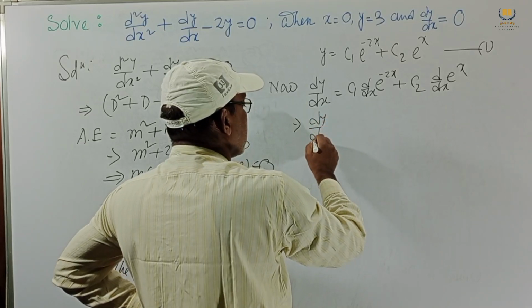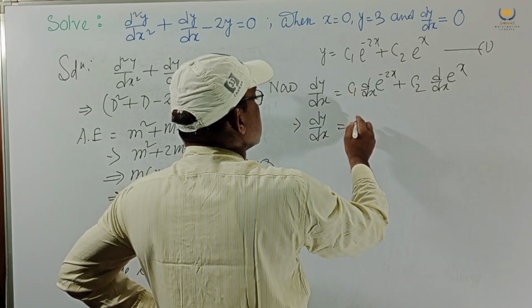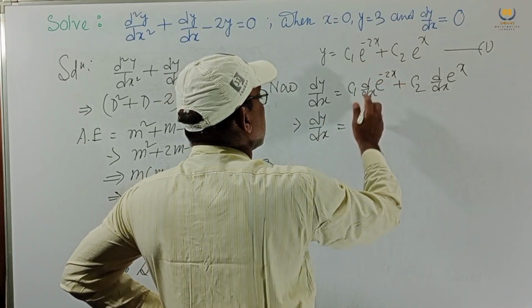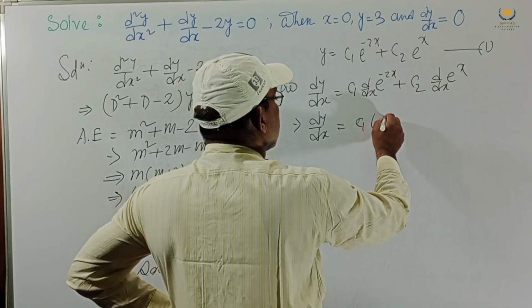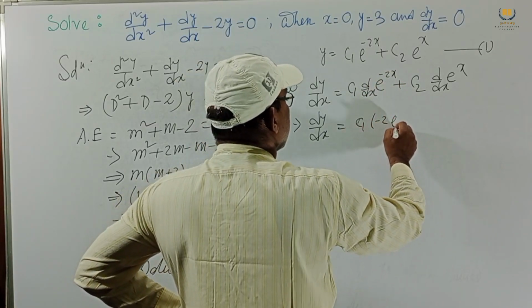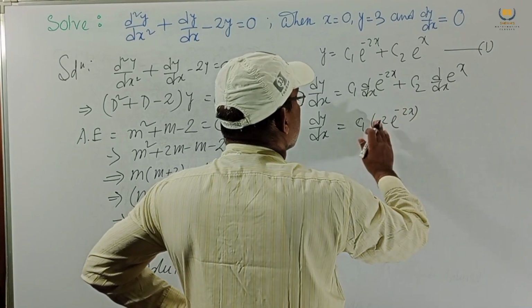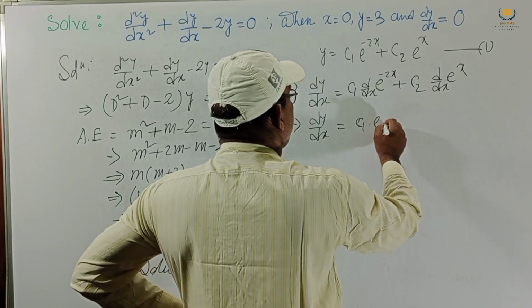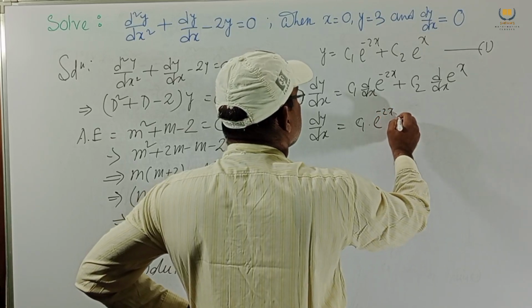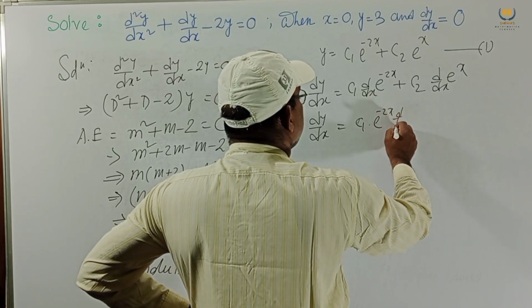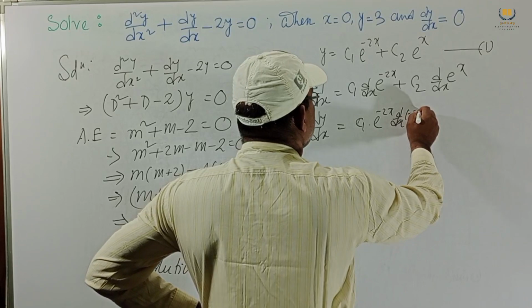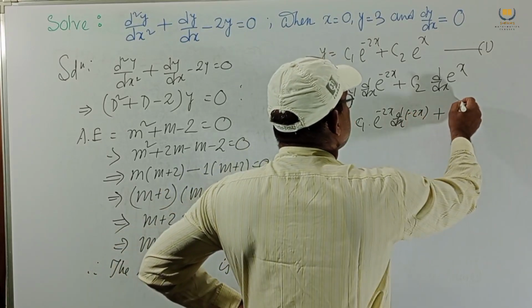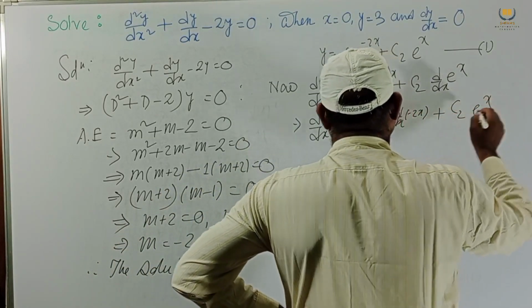So dy/dx equals c1 times minus 2 e to the power minus twice x, or we can write it this way: e to the power minus twice x and d/dx of minus twice x, plus c2 e to the power x.